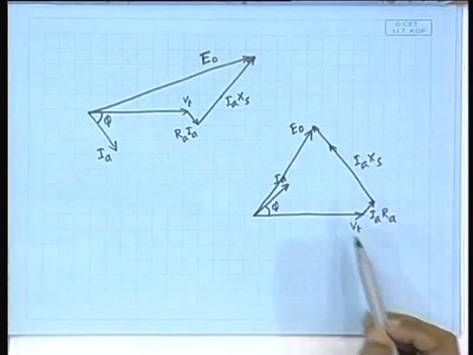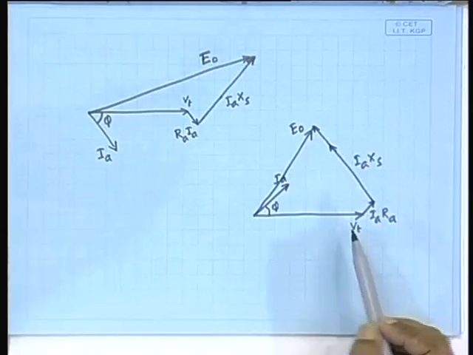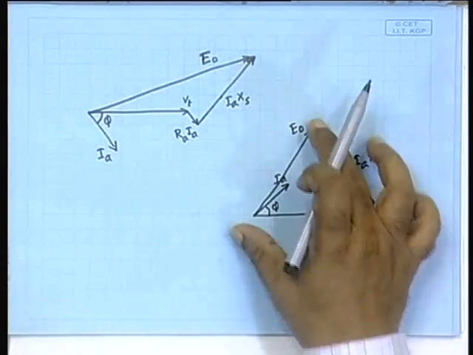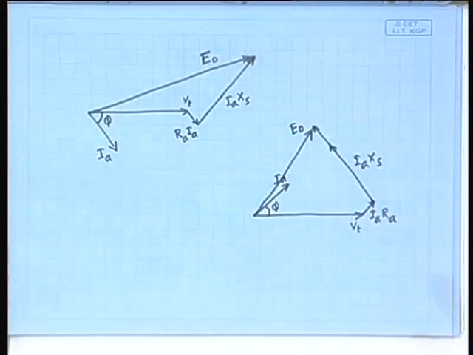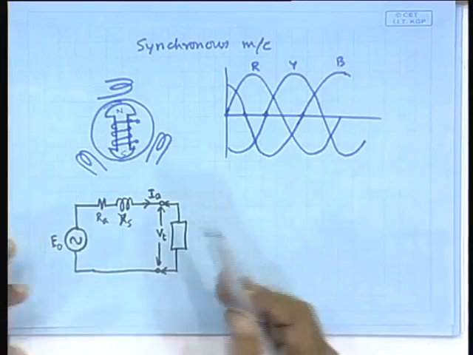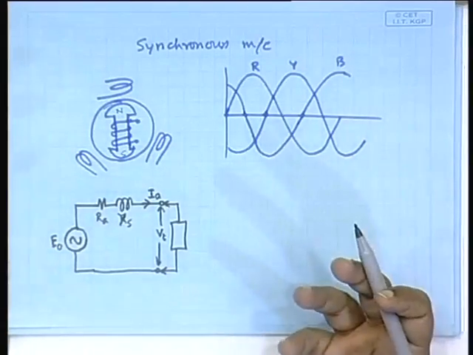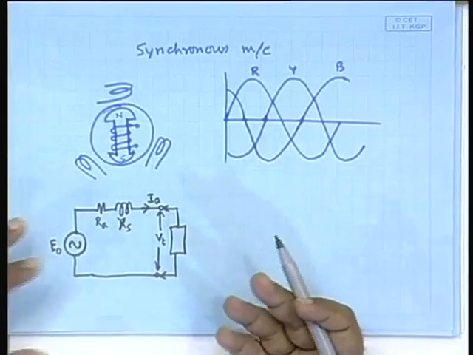So, all you need to do is to reduce the field so that the generated voltage is less, then it is able to supply the required amount of lagging var.